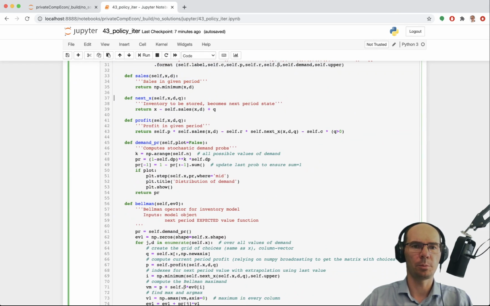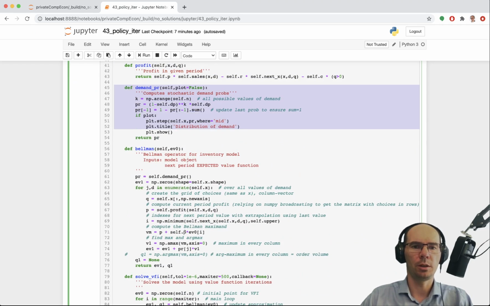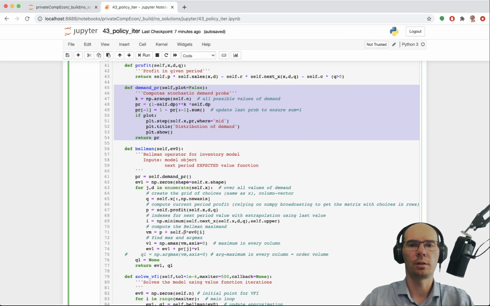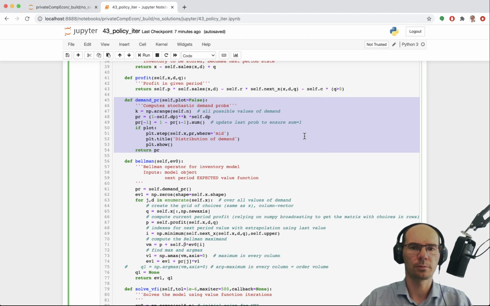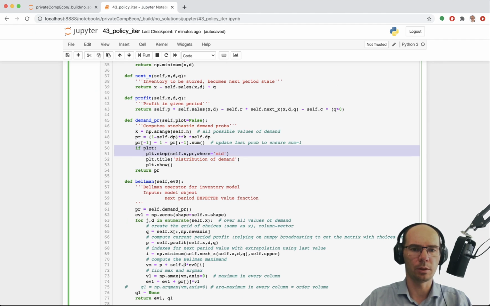Sales are given by a separate function, next period inventory. Profits are given here. The demand probabilities are what's incorporated now into the class. So this returns this truncated distribution for various points of the demand, and it can plot.